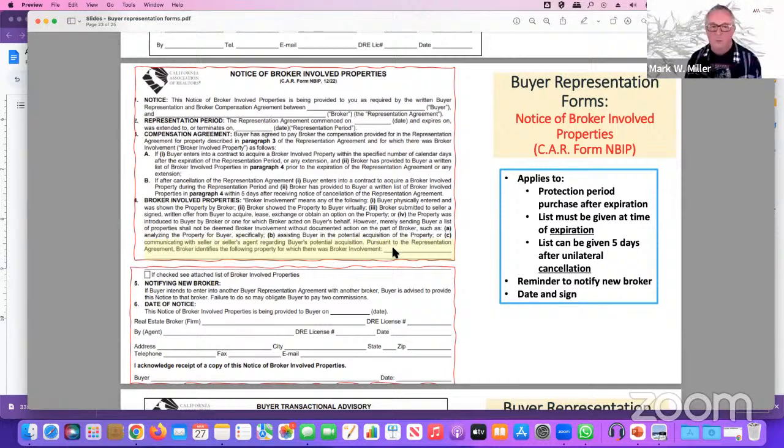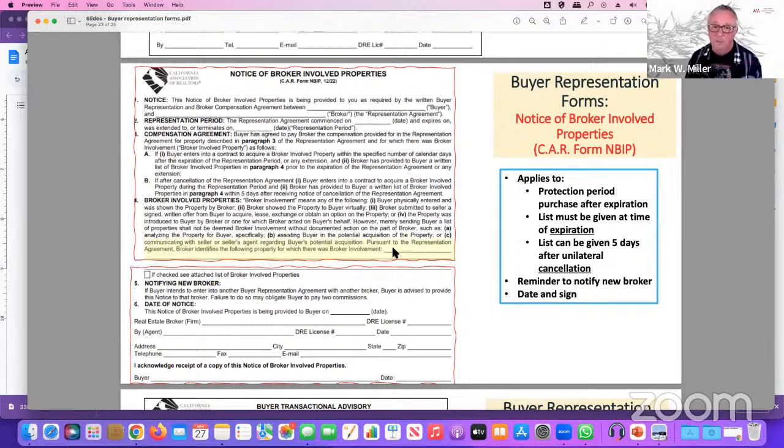So here's the scenario. You have a non-exclusive agreement, and all of a sudden you get an email from the buyer that says they want to cancel. They can cancel unilaterally for whatever reason they want to. So could you as the broker. But you have to then prepare that form, notice of broker involved properties, and the cancellation.